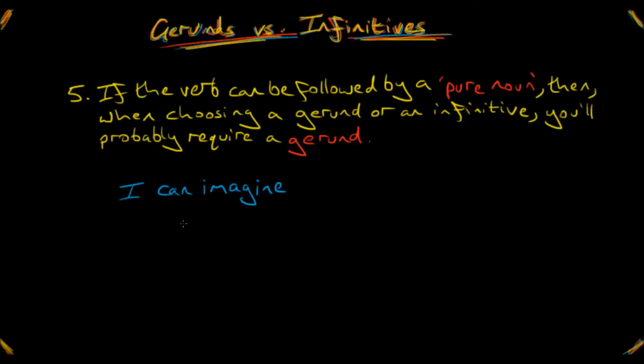Let's say, for example, I can imagine a cat. You know, if you close your eyes and I say to you, with your eyes closed, in your imagination, can you please, for me now, imagine a cat? And you have the image appearing in your head, and so you can follow imagine with what I would call a pure noun.